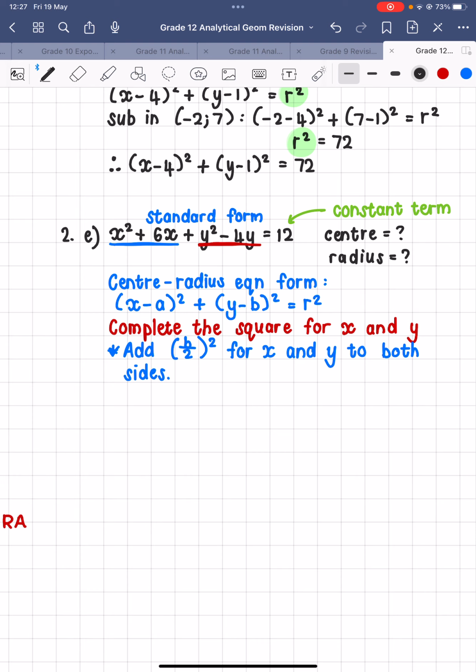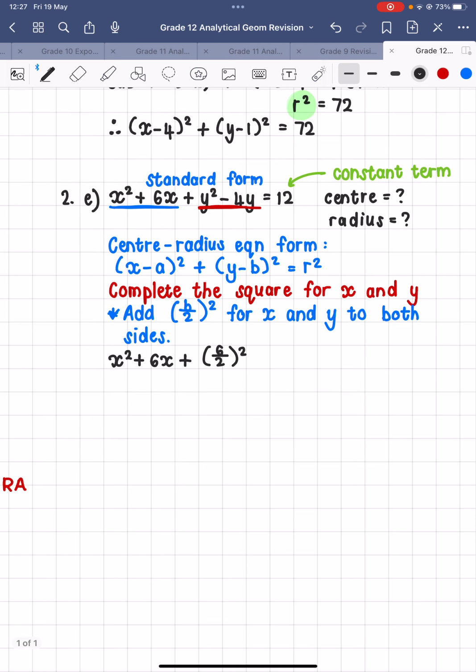Now guys, b is always the number in front of x or the number in front of y. So we have x squared plus 6x plus, what is my b value? 6. So I'm going to say 6 over 2 squared, which you can write as 3 squared straight away if you want to. We're going to do the same thing for y.